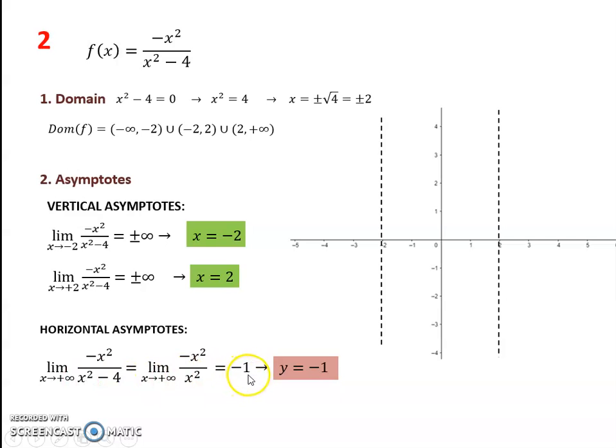As this is a number and it's not infinity or minus infinity, we really have a horizontal asymptote on the right side, and y equals minus 1 is the equation of that horizontal asymptote. So let's draw it. And at minus infinity it's just the same. So y equals minus 1 is the equation of the horizontal asymptote on the left side.